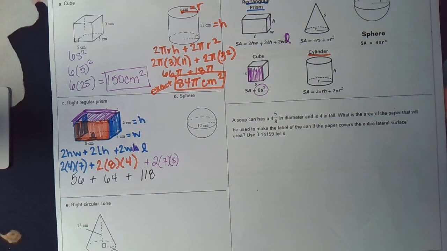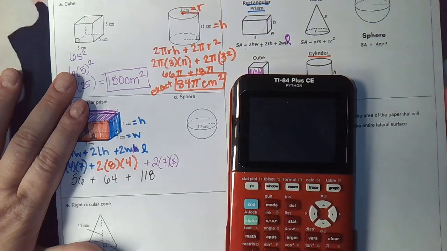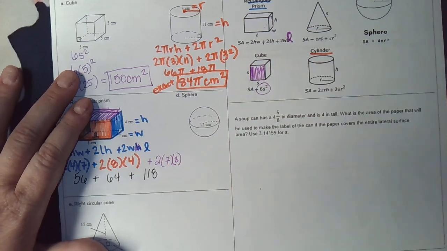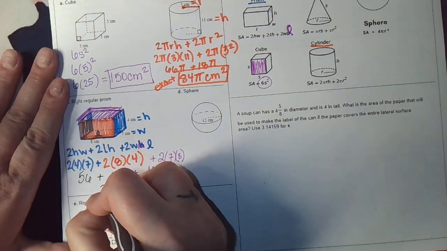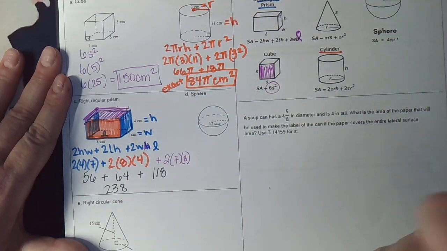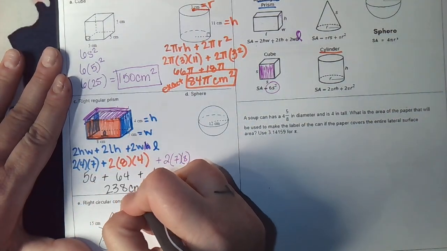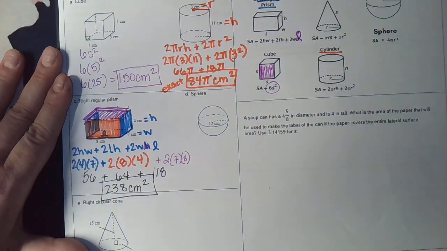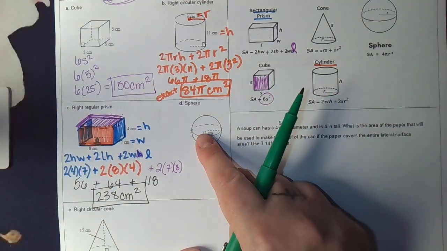Then that makes 238. Yay. Okay, and what are our units? Centimeters. And we're still talking about surface area. So squared, 2-dimensional.